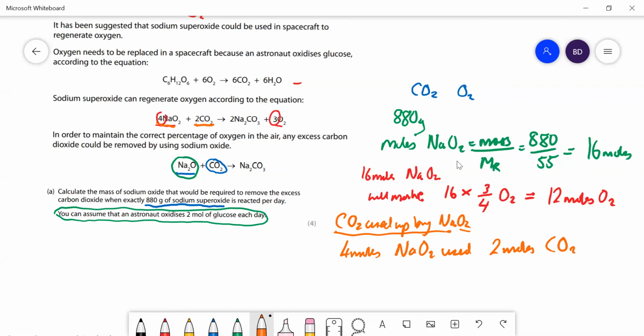In other words, 1 mole of superoxide uses 0.5 moles CO2. We had 16 moles of superoxide, so 16 is going to use up 8 moles of CO2.